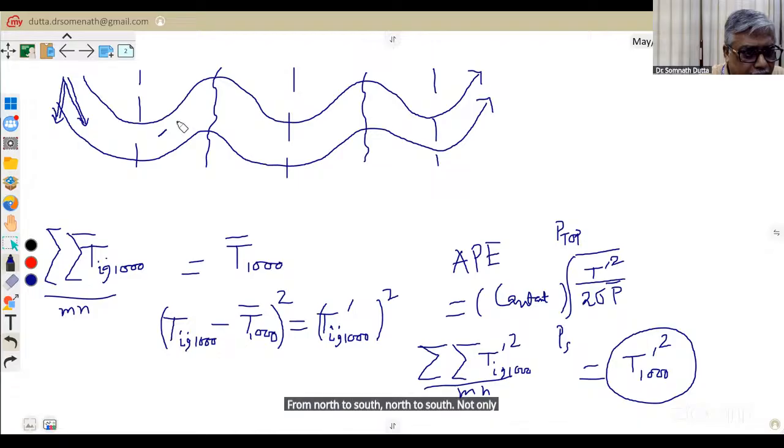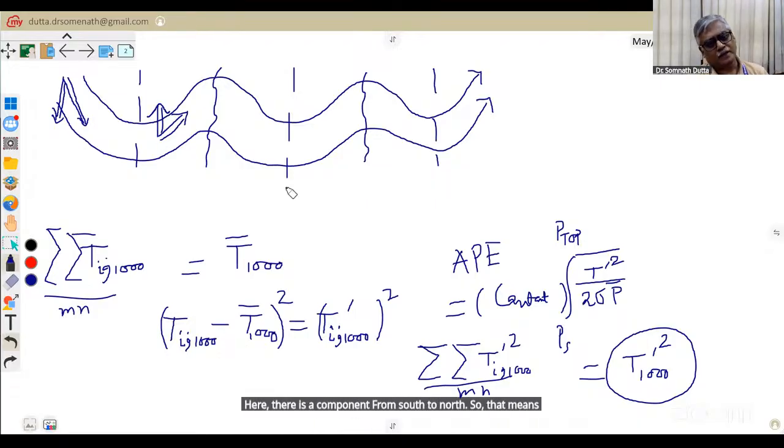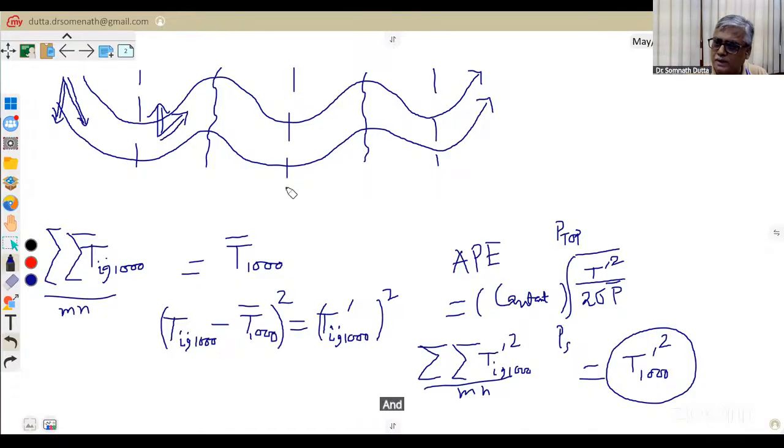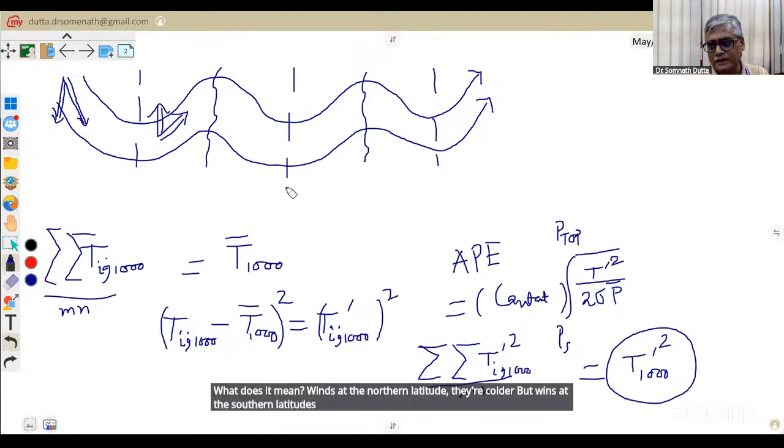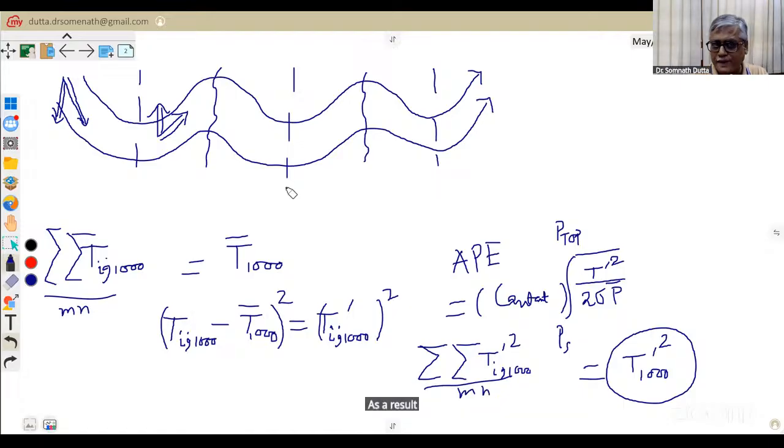Not only that, here there is a component from south to north. So that means what happened? Due to this instability, winds from north are coming to south, and winds from south are also going to north. What does it mean? Winds at the northern latitude are colder, but winds at the southern latitude are warmer.